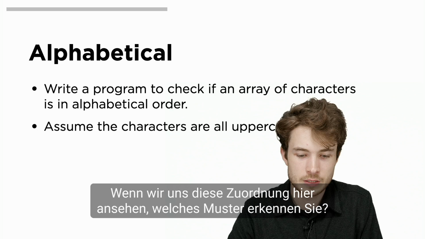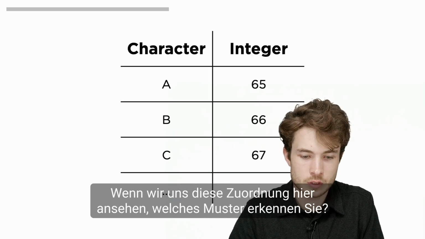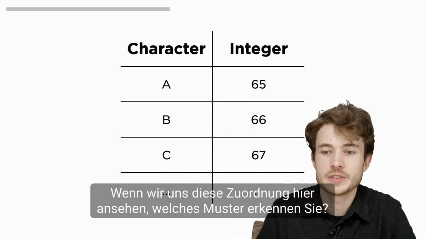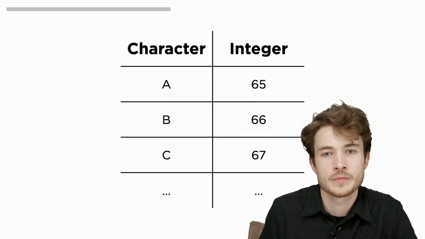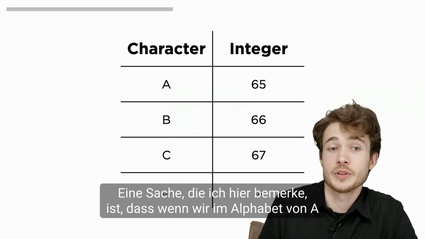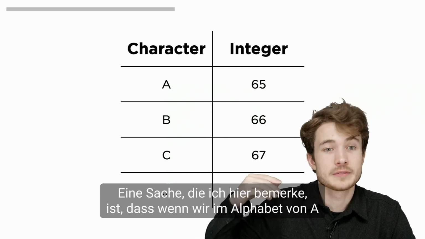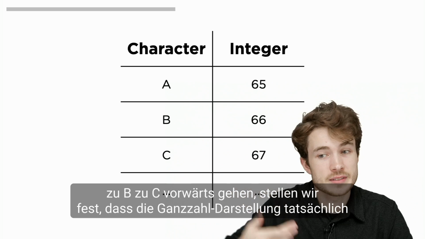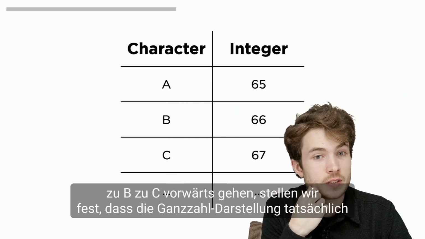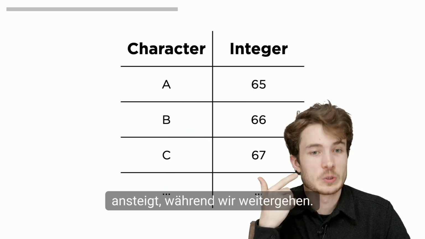If we look back at this mapping here, what pattern do you see? So one thing I notice here is that as we go forward in the alphabet, from A to B to C, the integer representation is actually increasing as we go.